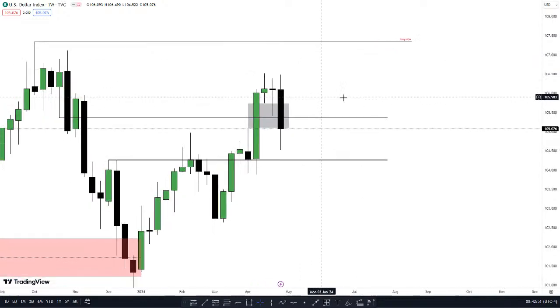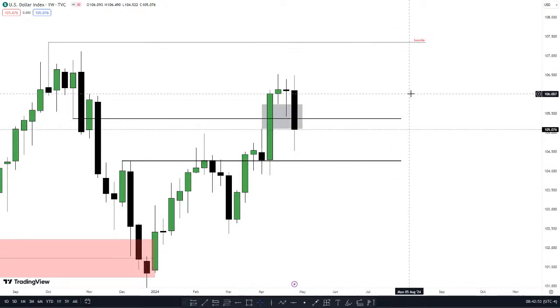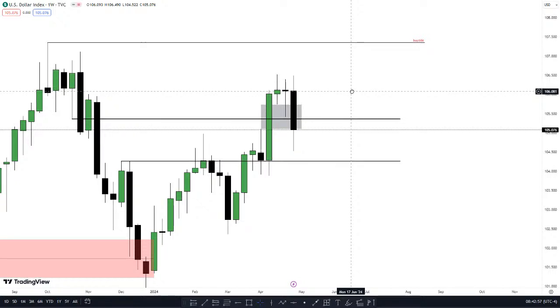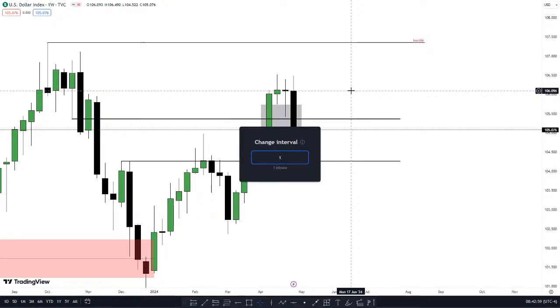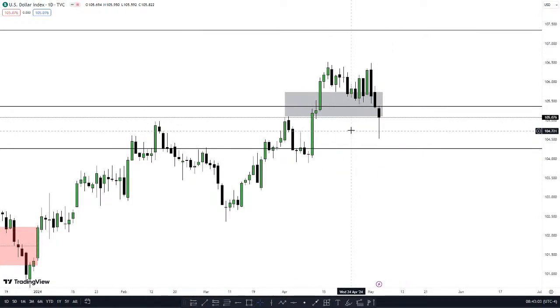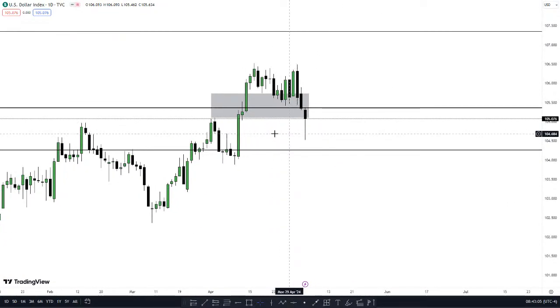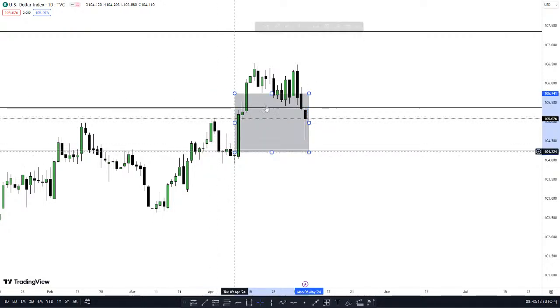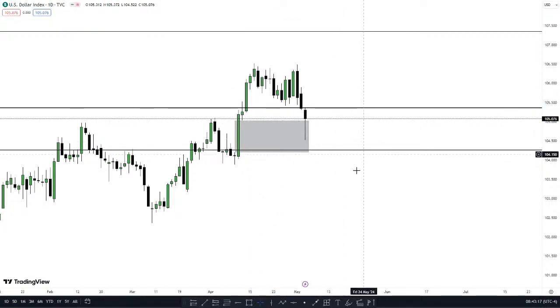So the weekly is not that clear yet, but it's showing something. When I drop down to the daily, that is where it was interesting. Now I couldn't frame something on the weekly because of this bullish fair value gap right here on this daily, fair value gap right there.